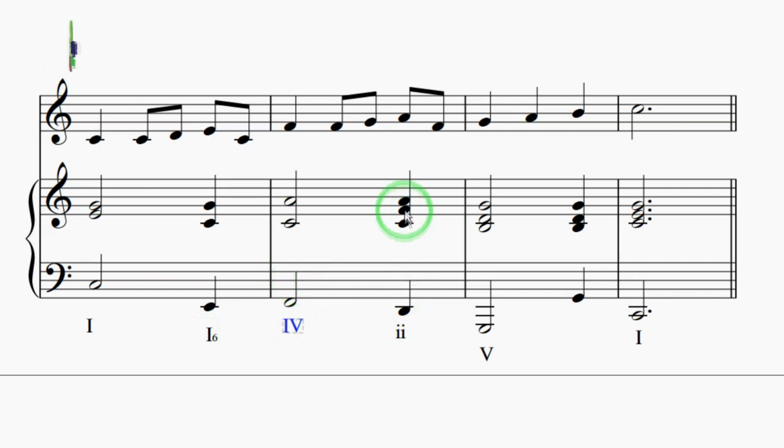Now we said that we are here on the second degree, and that C there is not part of a second degree. The second degree in the C major scale is D minor, and C is not part of D minor. So I'm going to put this here on D, and since I have an A here and I have too many notes, I try to be consistent. 2 notes, 2 notes, 2 notes, 2 notes.